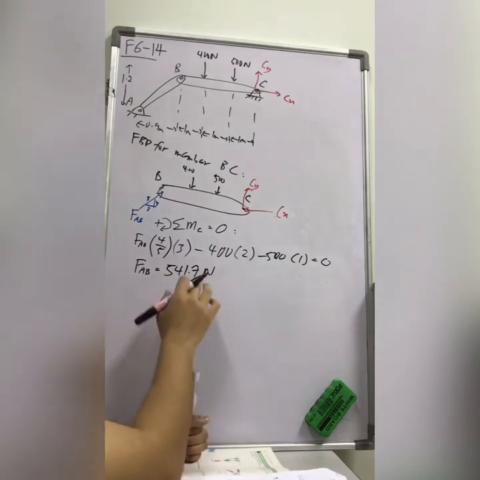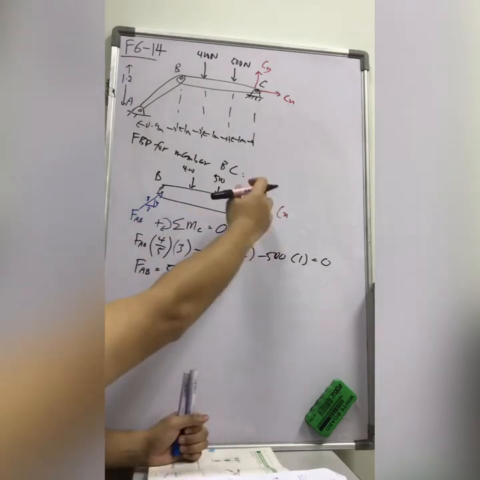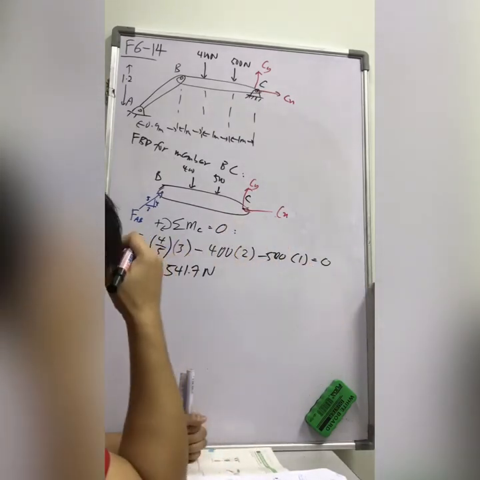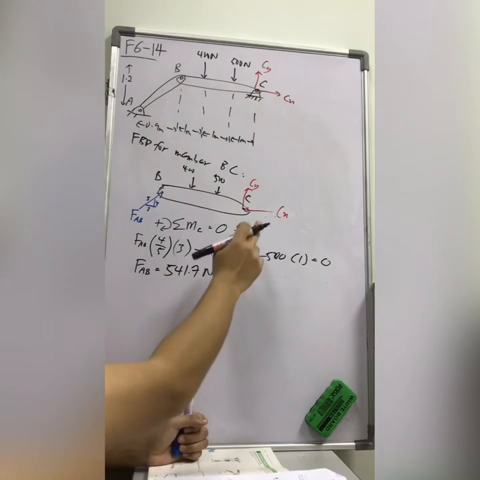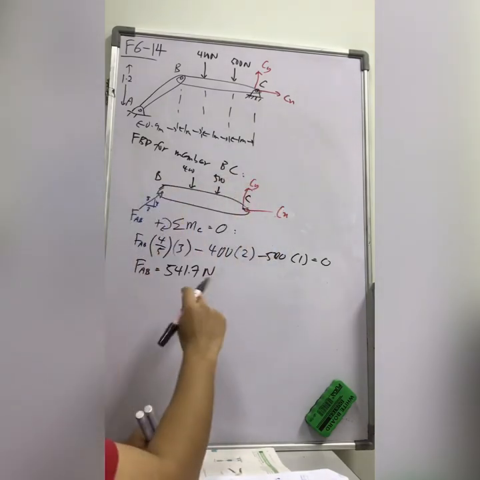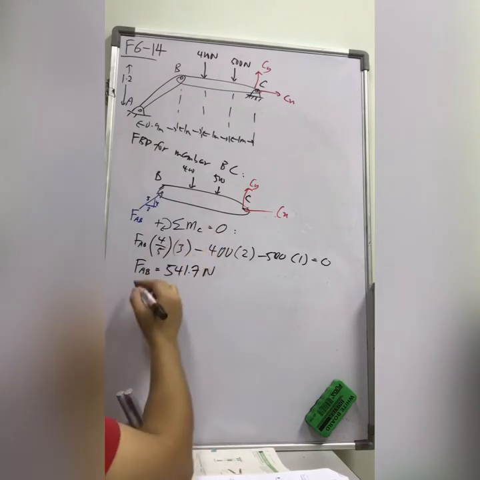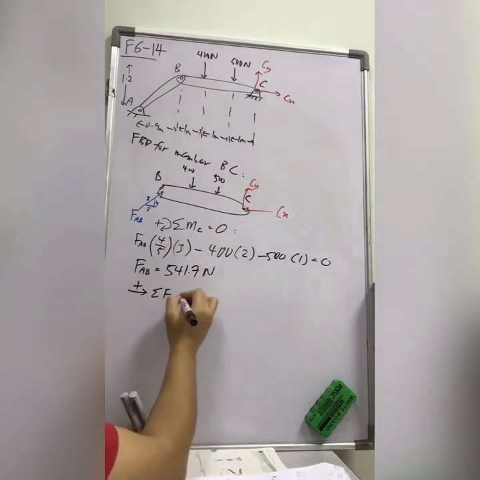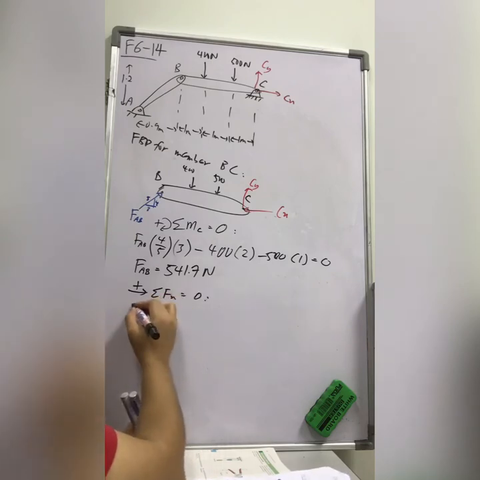You need this FAB just to find Cx, because the question asks you to find Cx. Now that you have FAB, you do the sum of forces in x equals 0.